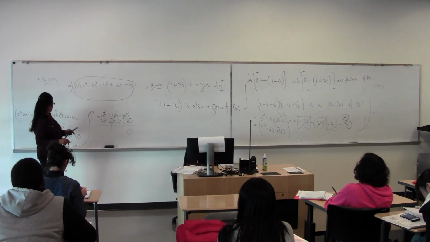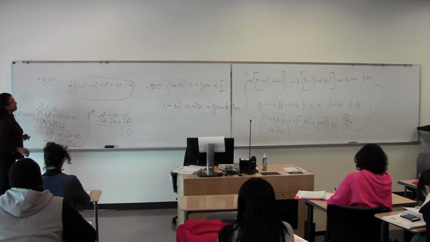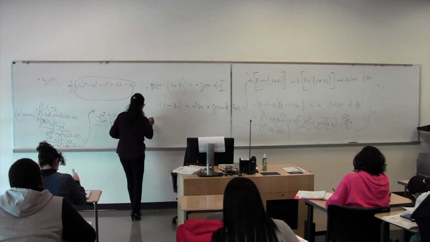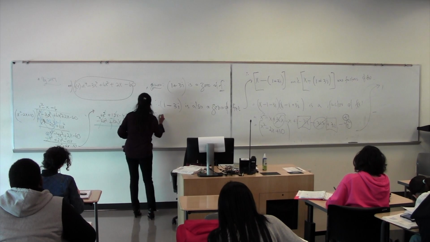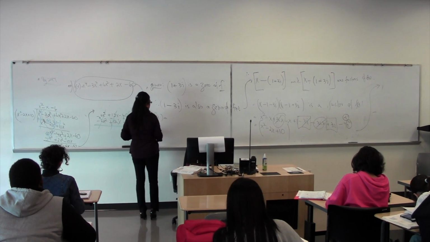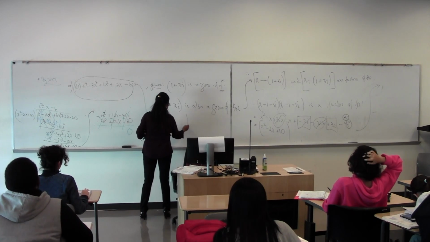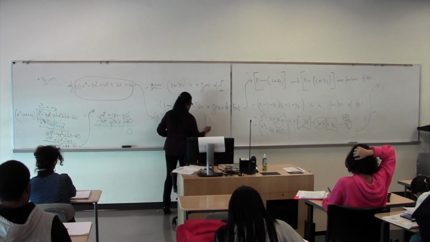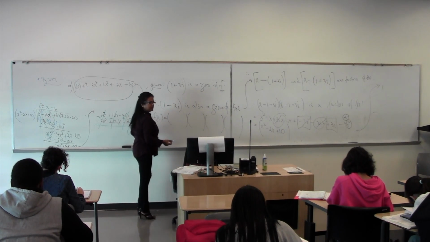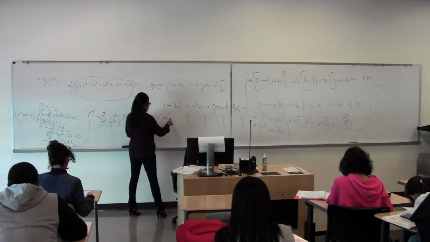So what does this mean? This whole thing is also a factor. So now we are good. So f of x can be written in terms of 4 factors. The 4 factors are linear factors. We don't want quadratic factors. Okay? We'll write as linear factors. What's the first one?